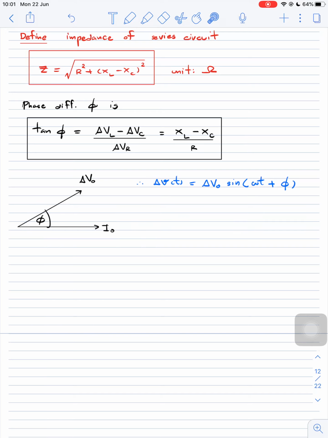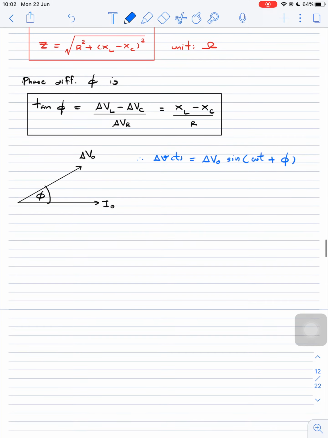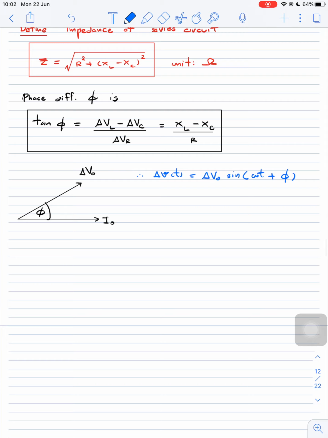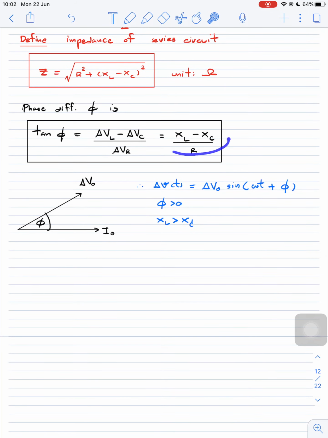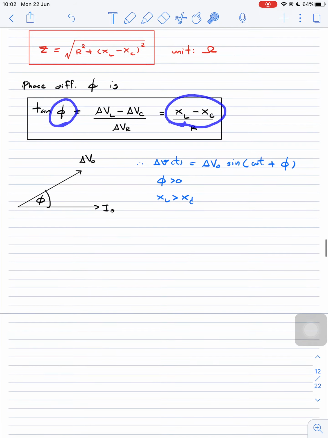So in this case, the phi is positive here, which means that the XL is greater than the XC. You can just look from this equation: if the XL is greater than the XC, the phi must be positive. So the phase of the delta V is leading the phase of the current by phi.